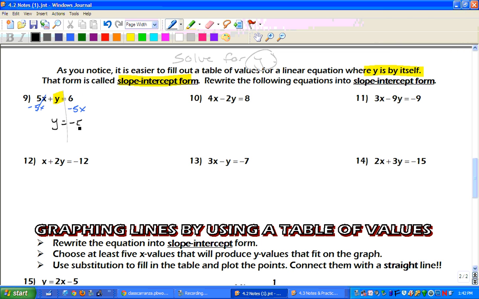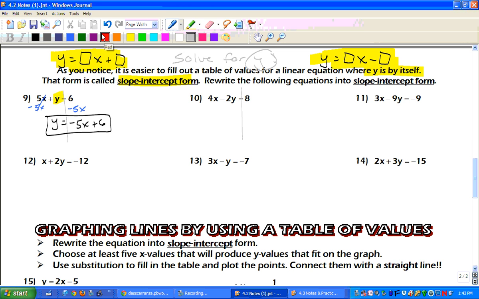And we get y equals negative 5x plus 6. Now this is the equation that we talked about on the other side. That's what we want it to look like.